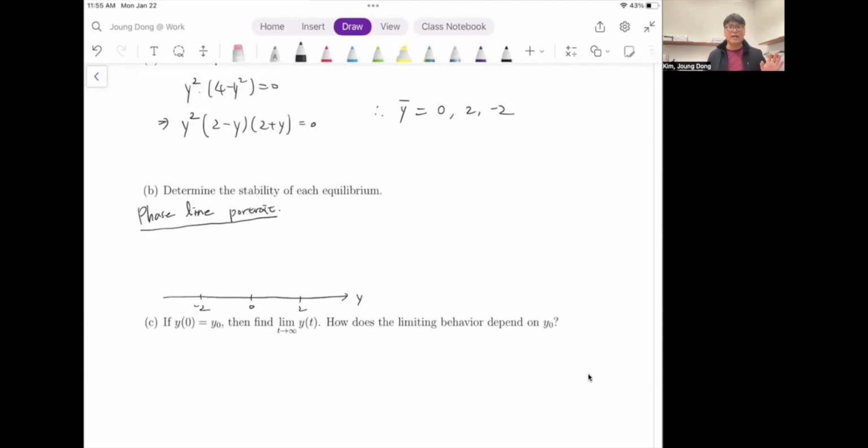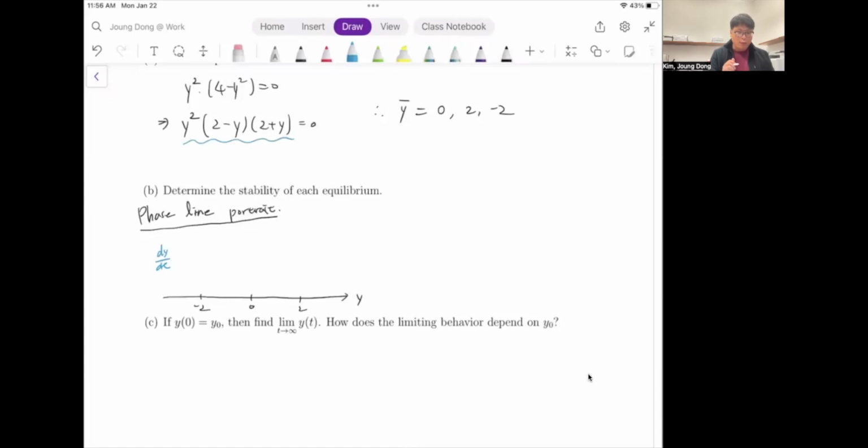So let me check the sign of dy/dt for each section. First of all, let's start from here. What about dy/dt for y less than -2? As we did before, we try to plug in any value less than -2 into dy/dt, which is exactly this.